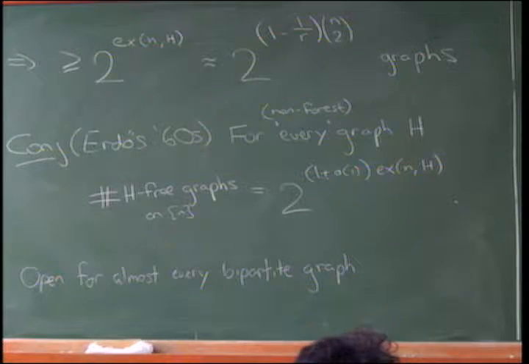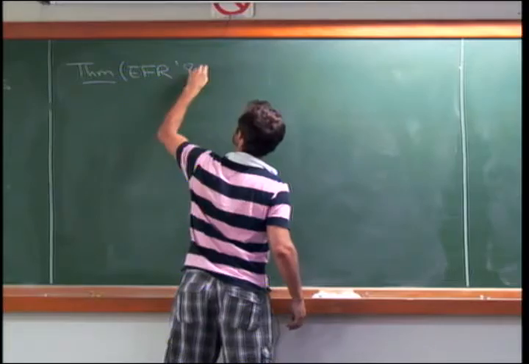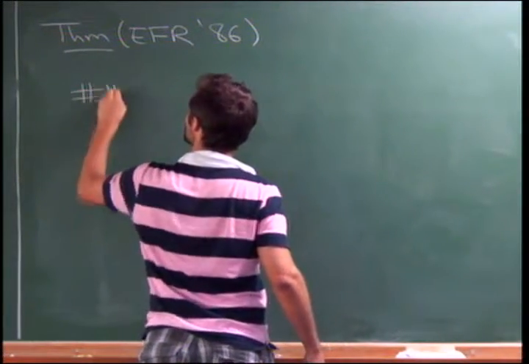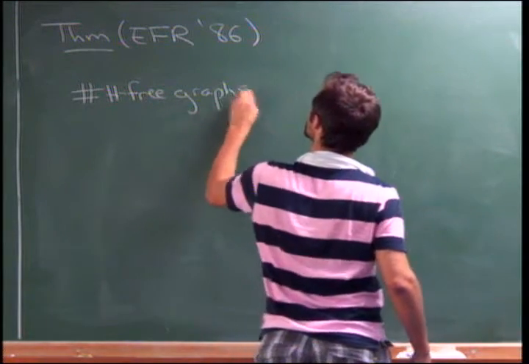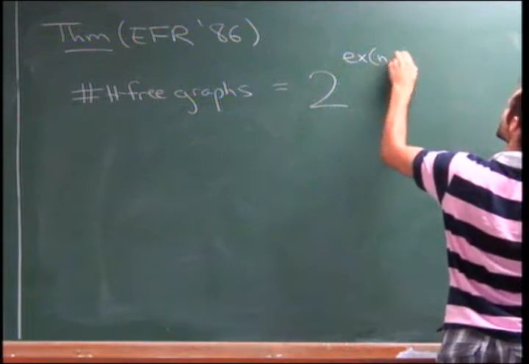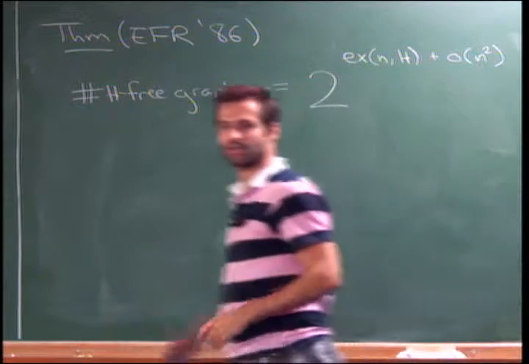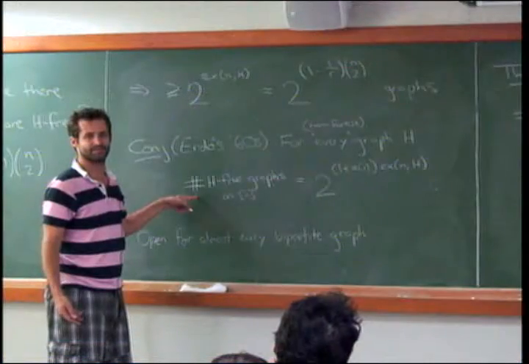It's the theorem of Erdős, Frankl and Rödl from, I think, 86 or something, that says the number of H-free graphs is 2 to the extremal number of H plus little o(n squared). Okay. So this proves the conjecture whenever the chromatic number of H is at least 3.